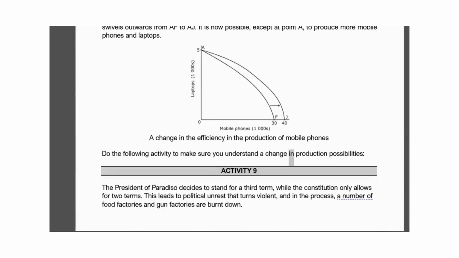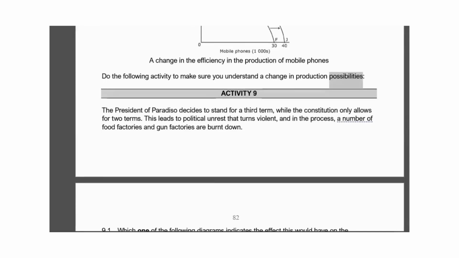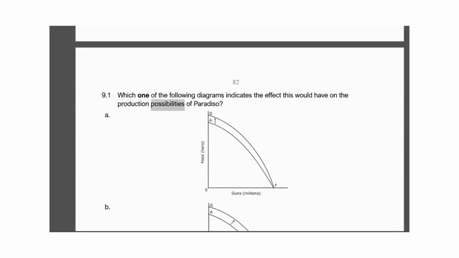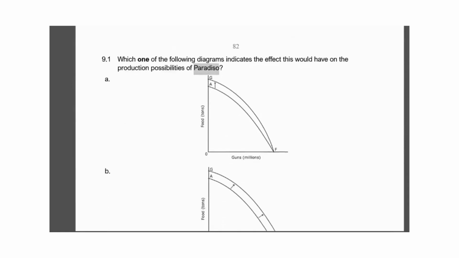Do the following activity to make sure you understand a change in production possibilities. Activity 9. The president of Paradiso decides to stand for a third term, while the Constitution only allows for 2 terms. This leads to political unrest that turns violent, and in the process, a number of food factories and gun factories are burnt down. 9.1 Which one of the following diagrams indicates the effect this would have on the production possibilities of Paradiso?